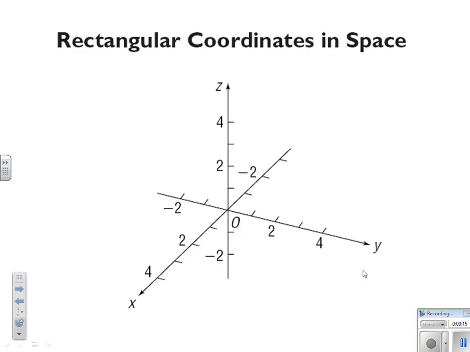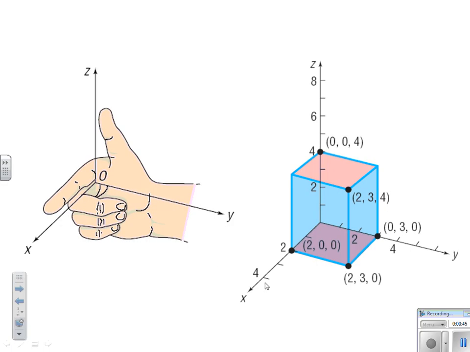If we take a different perspective on our XY axis and look at it from above, and then add in a Z axis that goes, I guess this is more north-south. Our y-axis goes this way, and our x-axis goes this way. This is our rectangular coordinates in space, adding that z dimension.